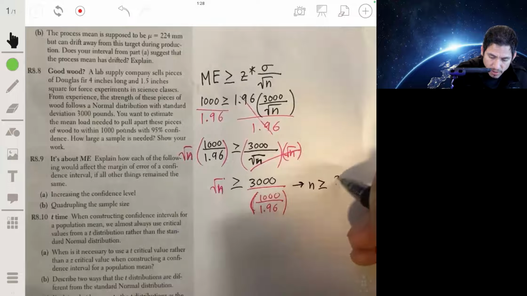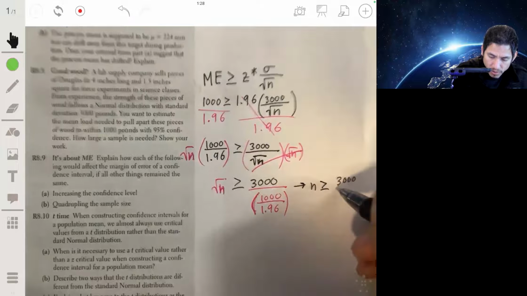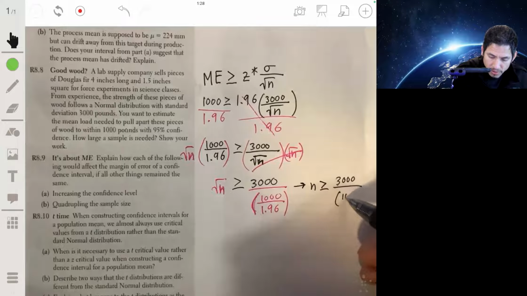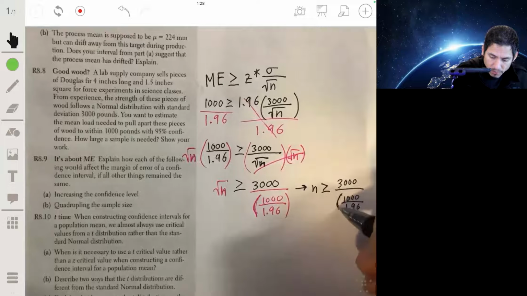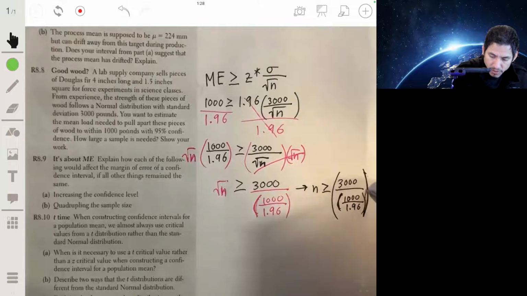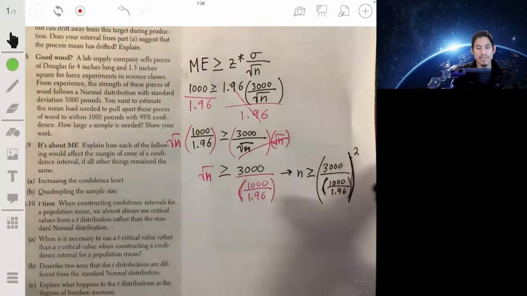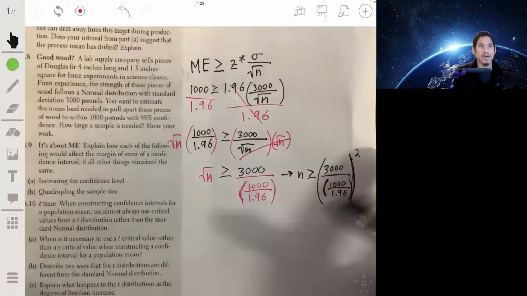3,000 squared over this whole thing squared. And you can do it all at once, or you could do it broken up. So maybe put the whole thing in parentheses and square that whole thing. So figure out what this value is and square it.